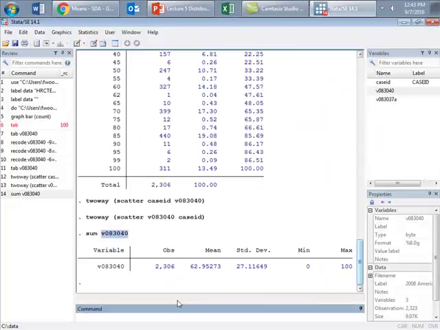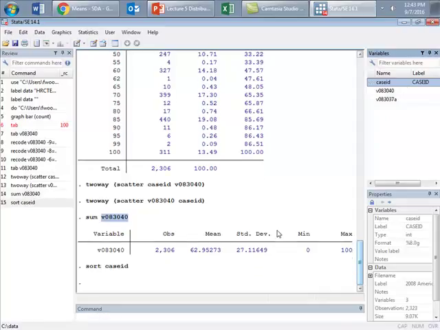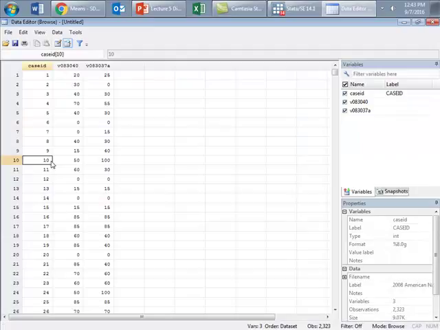So I'm back into Stata where I have my data, and I'm going to sort by the ID number. And then I'm going to look at my data. Here's the data sorted by ID number. Or I could sort it by the value that I'm actually interested in, which is what I should have done.